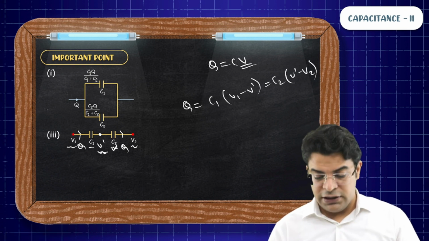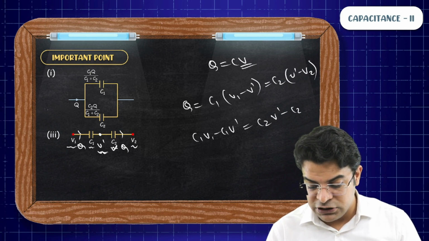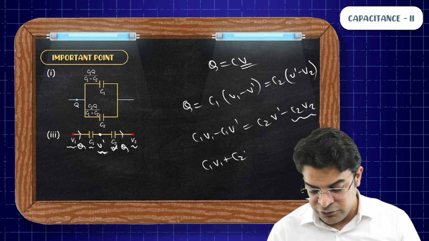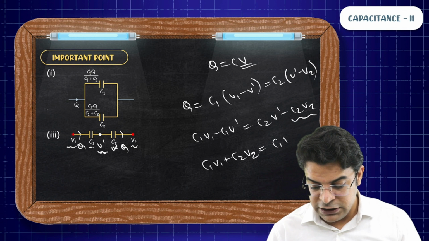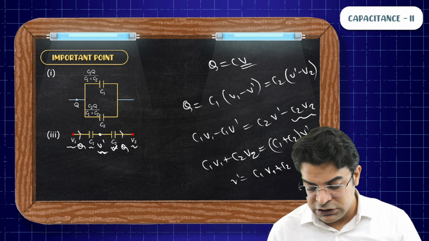So what you get here is C1V1 minus C1V dash equals C2V dash minus C2V2. Bringing this C2V2 to the left hand side, you get C1V1 plus C2V2 equals C1 plus C2 into V dash, or V dash comes out to be C1V1 plus C2V2 upon C1 plus C2.